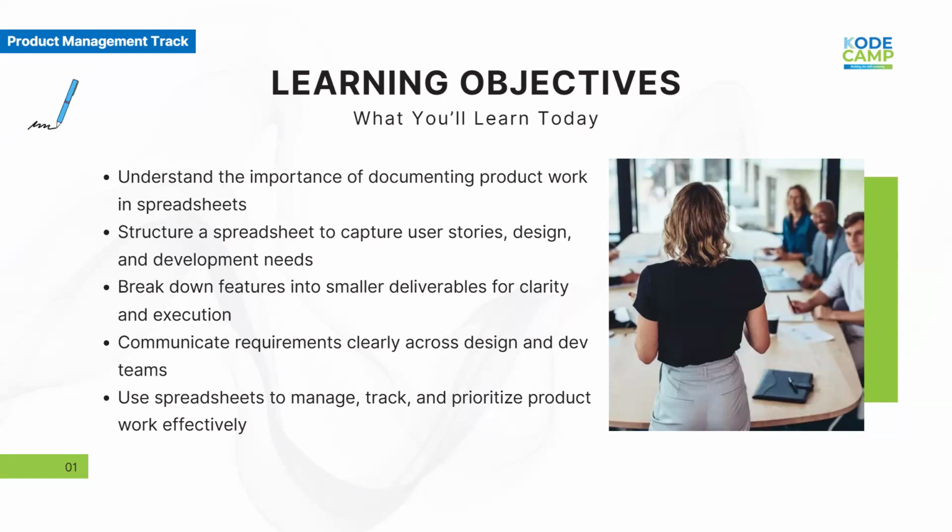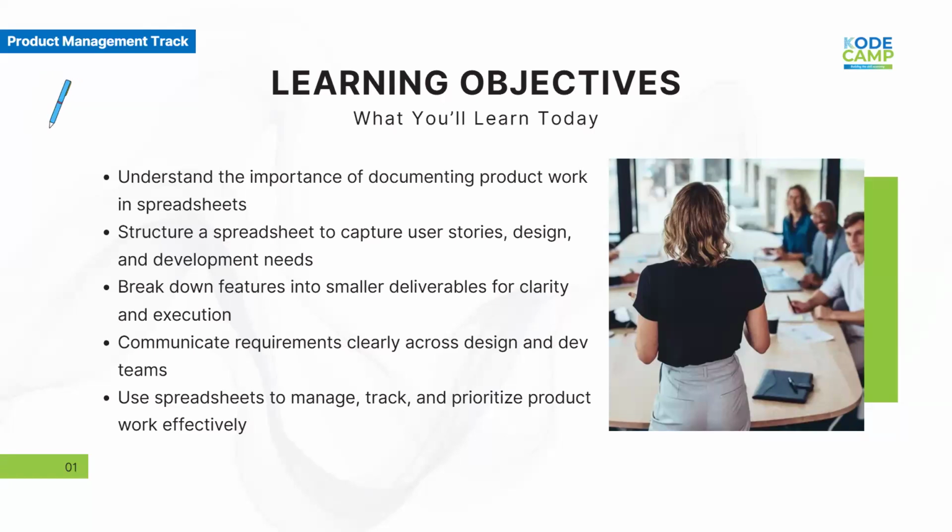You should also learn how to break down a user story into clear, small tasks, not just for your devs, but for the design and other aspects of your team as well. You should be able to communicate these requirements in a way that leaves no room for confusion.